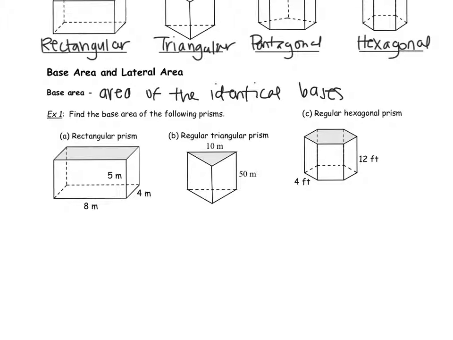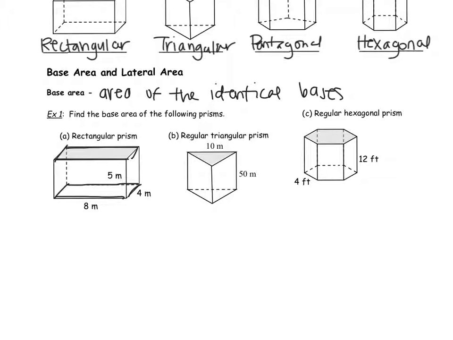When we're trying to figure out which rectangle is our base, because all of the faces of this prism are rectangles, we're going to look for the ones that are shaded. So our shaded rectangular base is this rectangle right here. It has a length of 8 and a width of 4, because we also know its other base is parallel to that.